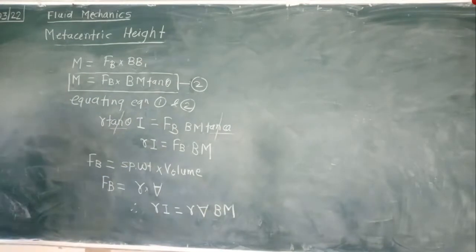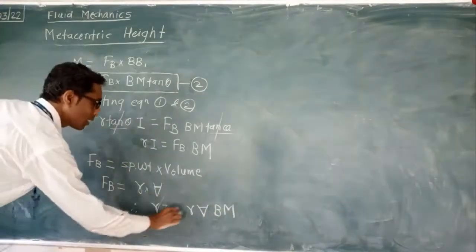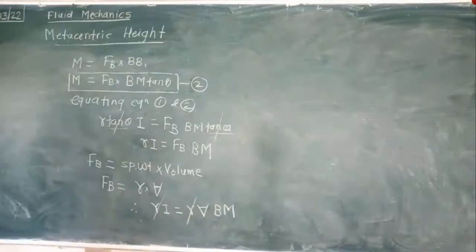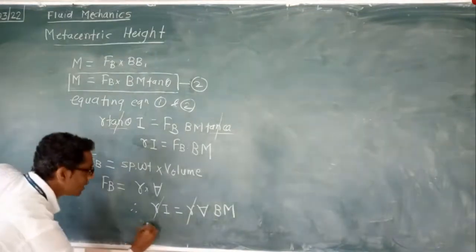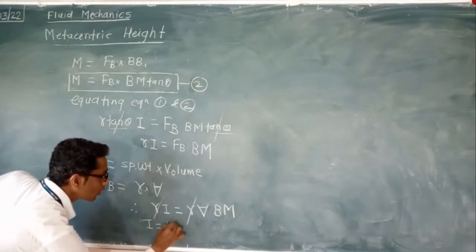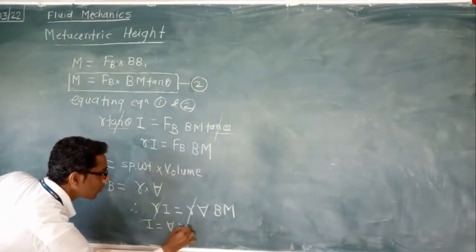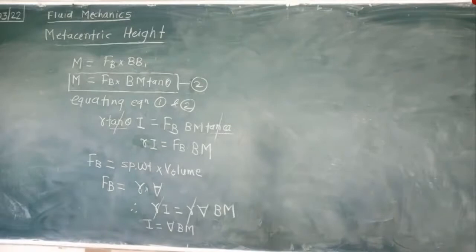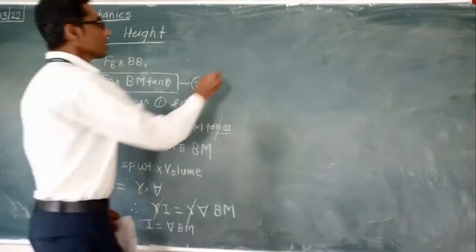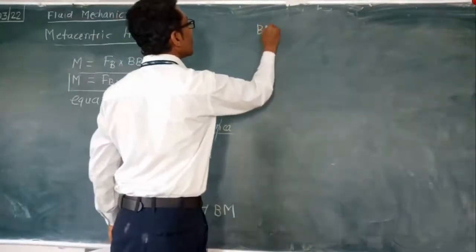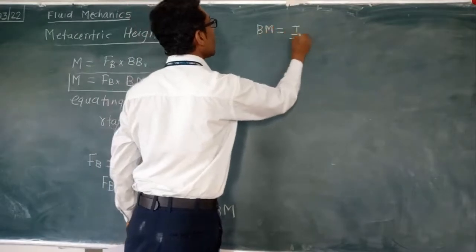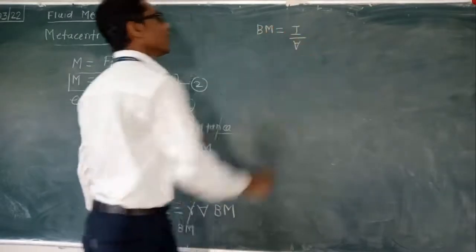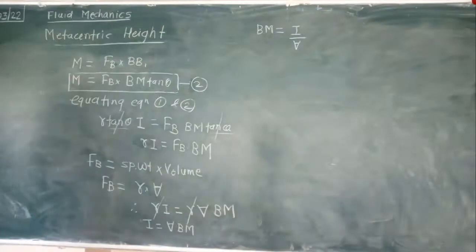Gamma cancels on both sides, so I is equal to volume into BM. Thus BM is equal to I by volume, moment of inertia upon volume.